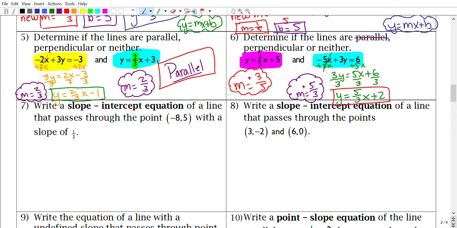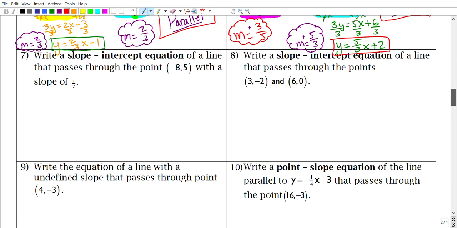There's no symbol here, so it's definitely a positive as well. So although they are reciprocals, they're not opposites, meaning it cannot be perpendicular. So the only answer here is neither. They're neither parallel or perpendicular. Okay?